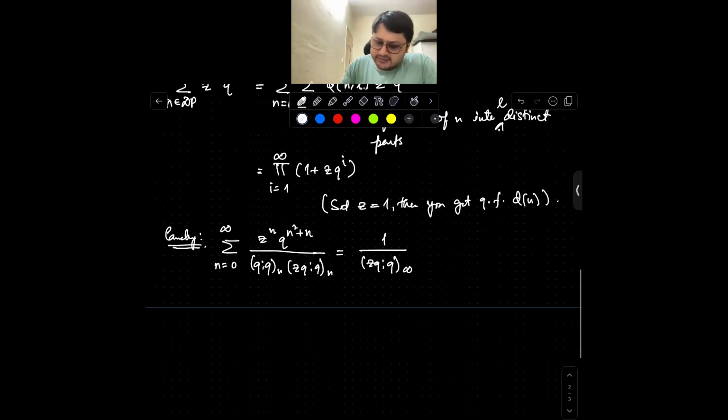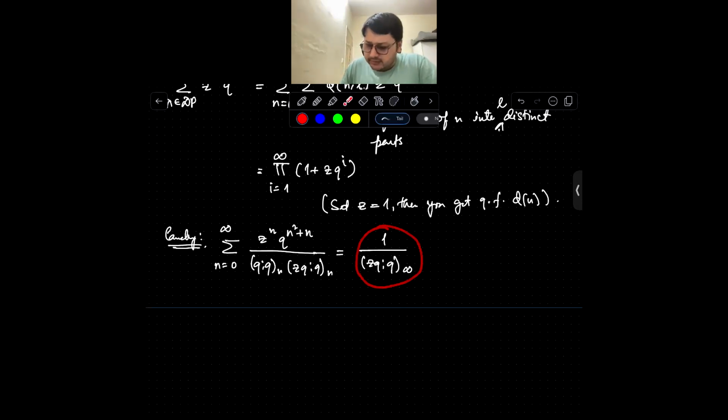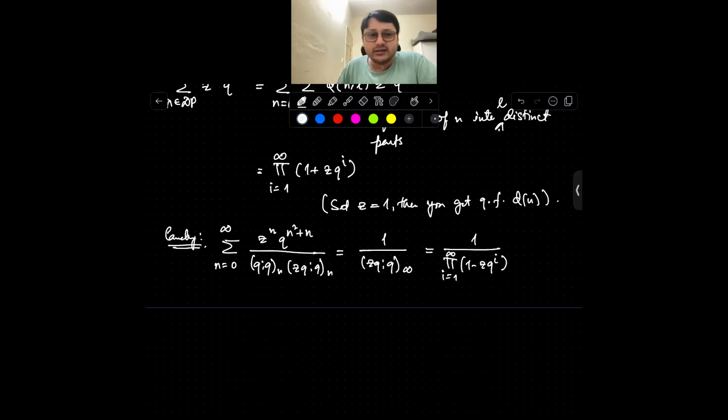And if you look at this quantity, then it should be clear that it is the two variable generating function for partitions that we just saw. Okay. 1 over (zq;q)_infinity is the two variable generating function. So if you write it in product notation, this is nothing but this product, right? So 1 minus zq to the i, let's say, and i is going from 1 to infinity. Okay. Right.